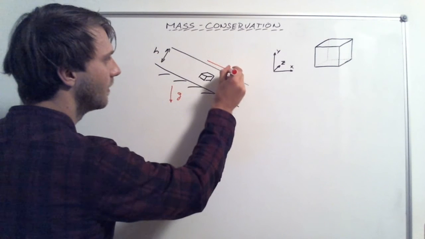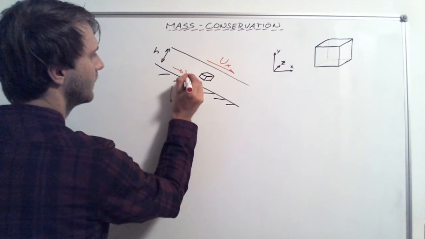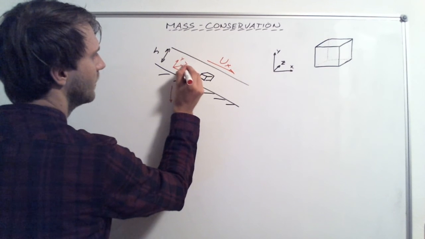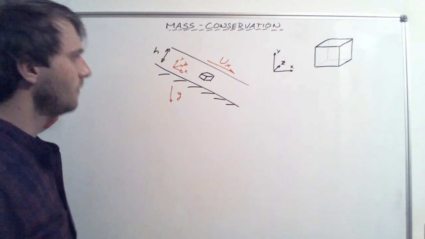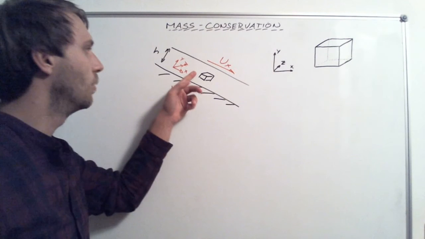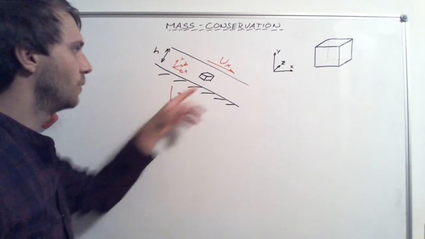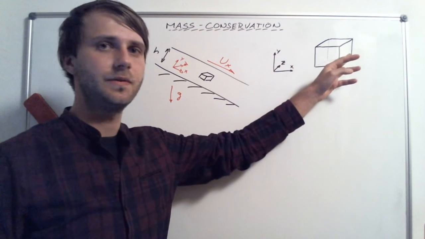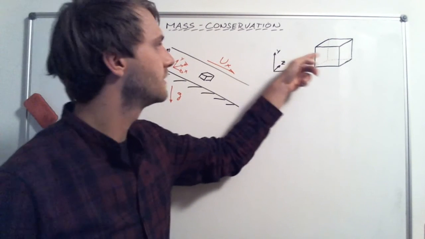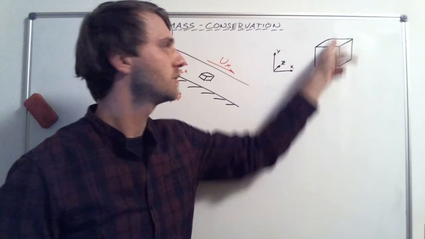We will get some velocity in x direction if we introduce a coordinate system like this here. And what will we expect? We will expect that the water will accelerate, go down, and flow through this control volume element. So here it will pass through this face and will leave the volume element at this face or at some other faces.